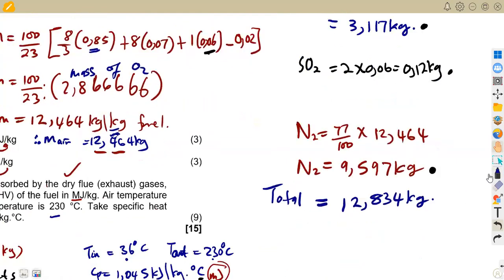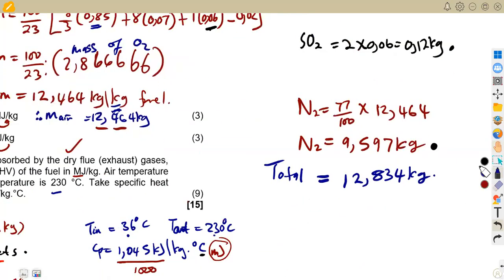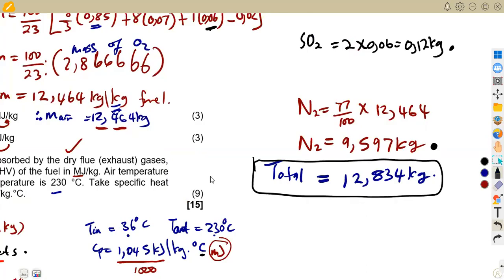With the total mass that we have here, we can now calculate the value we are after, which is the available heat value. We said that since we've got the total mass, M, these are the dry products.